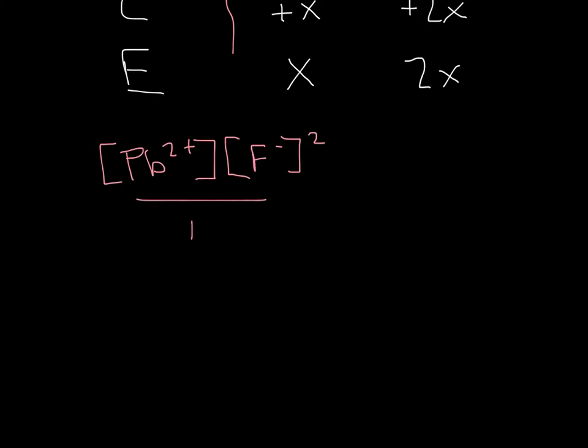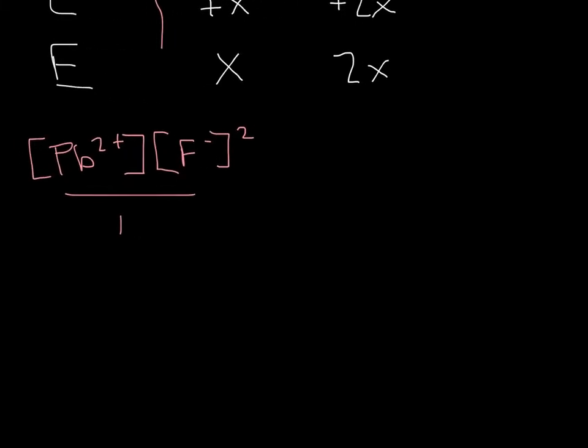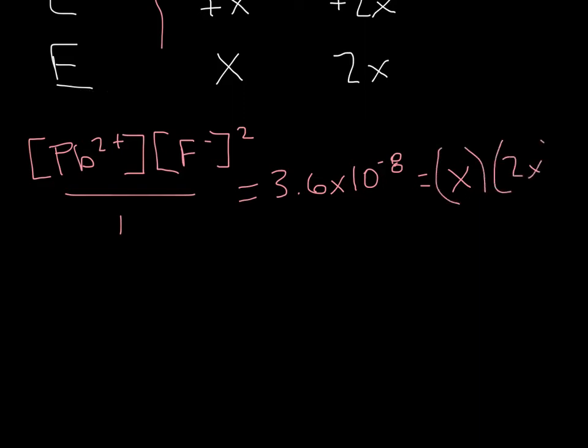That's over 1 here because the reactant is a solid. And that's equal to the value of K, which in this case is 3.6 times 10 to the negative 8th. The concentration of lead-2 at equilibrium is X, and the concentration of fluoride is 2X, so that's going to be 2X squared. Remember, the concentration of lead times the concentration of fluoride squared.